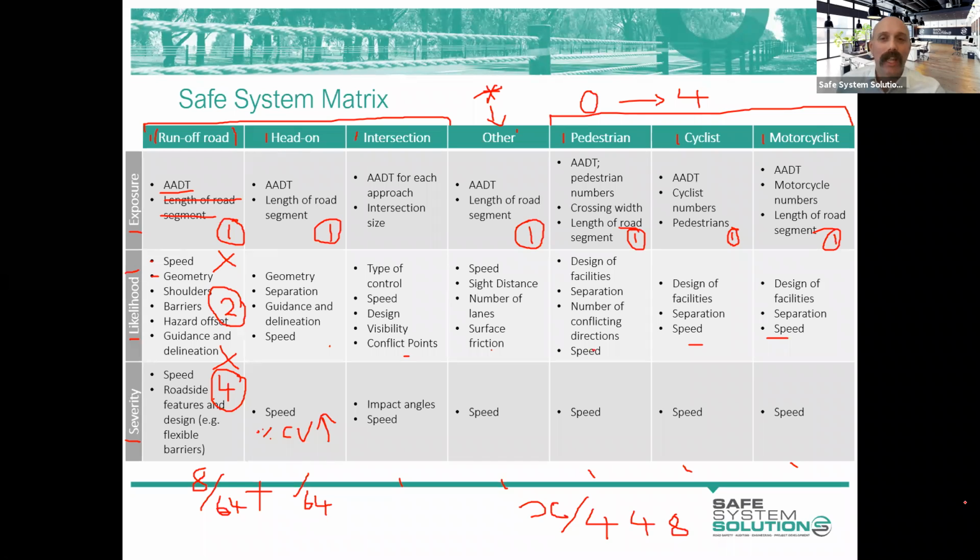But it's not actually a problem in the practical use of this, because we don't want people saying things like, you must do a safe system assessment and it must score less than 100. If the Centre for Road Safety put a funding program out like that, I would be very quickly on the phone to Joseph and Melvin and say, no, don't do that, because all it's going to generate is a whole lot of safe system assessments that come in under 100.